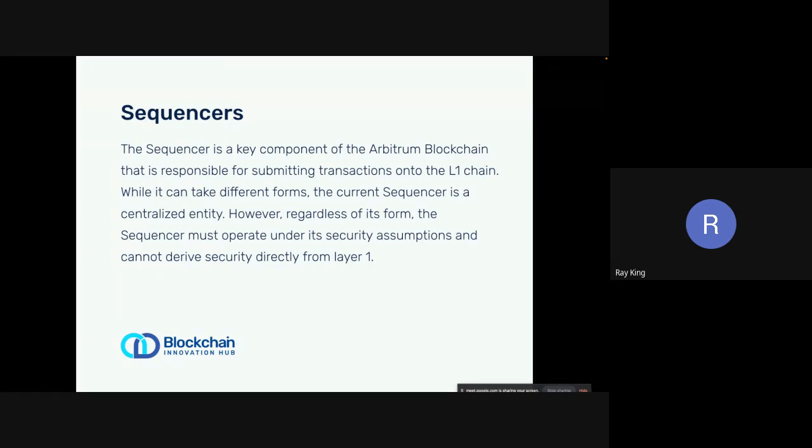Some layer two solutions actually rely on the security of layer one, since layer one is like the foundation. But sequencers don't derive that security directly from layer one because they have their own security assumptions. So that's just what the sequencer does.